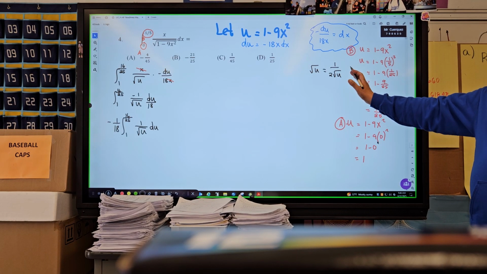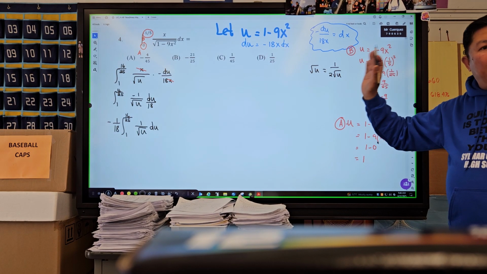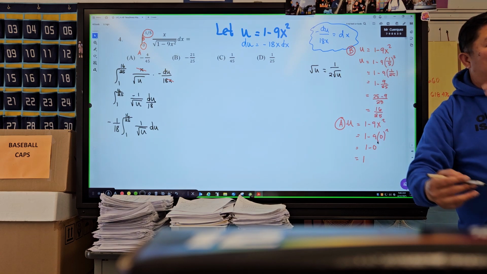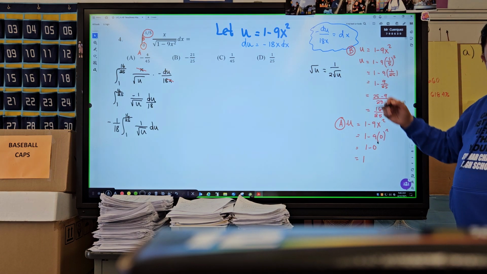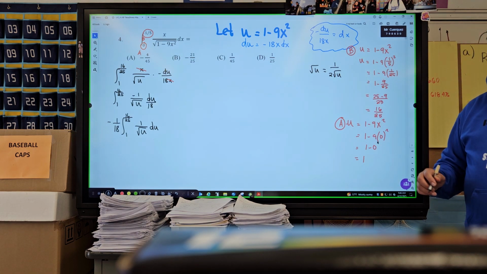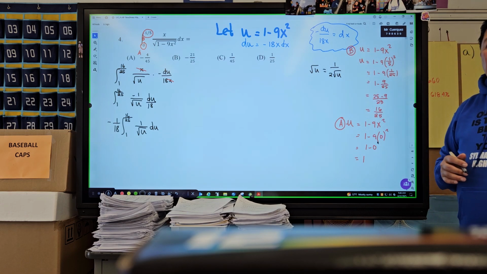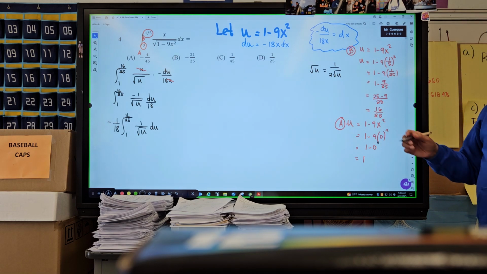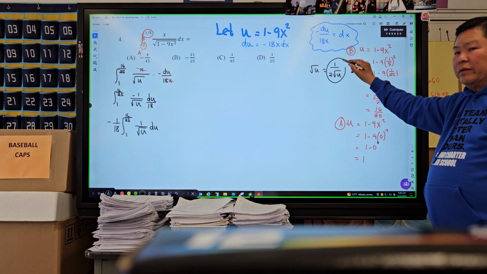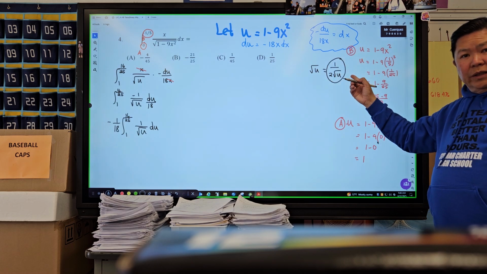That's why last time I told you to just memorize it, because you don't have to derive it like this. We express it as u to the 1/2 and then take the derivative, but I just want you to memorize right away that this is the derivative.